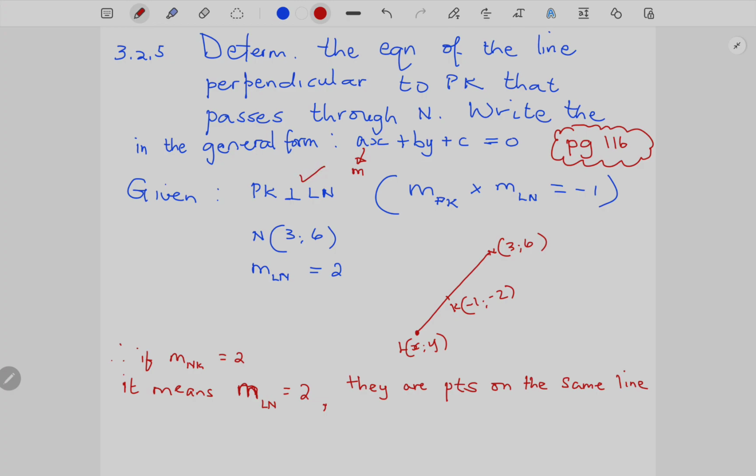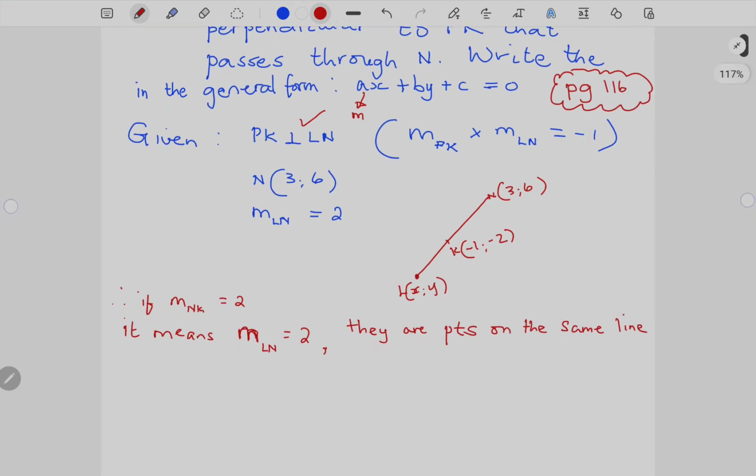Okay. So if we're given that PK is perpendicular to LN, what does that mean? It means the gradient of PK times the gradient of LN is equal to -1. Because remember, the rule says when the lines are perpendicular, the product of their gradients is equal to -1. Let me write it quickly here.